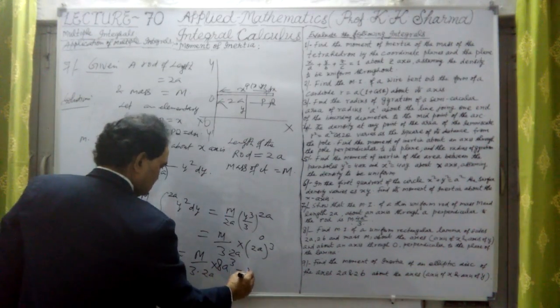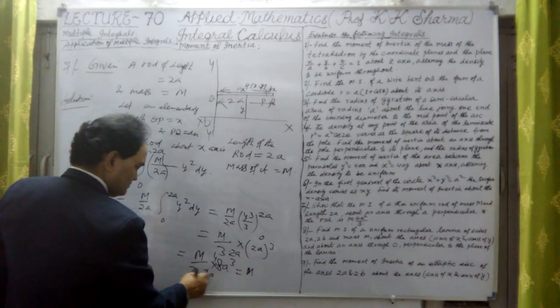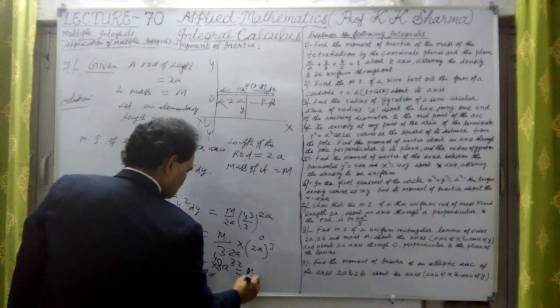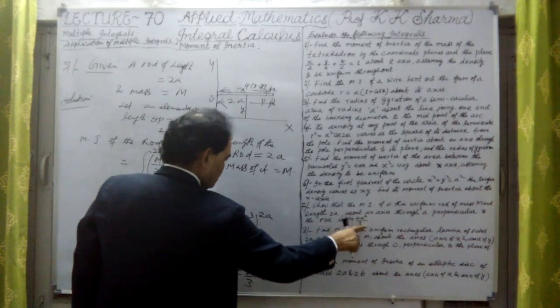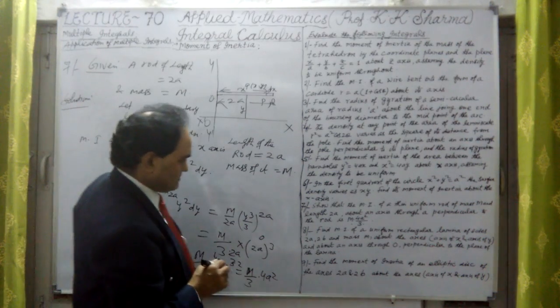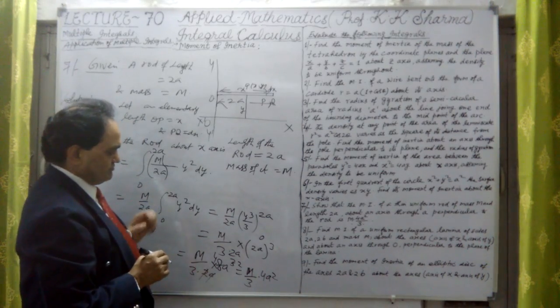It will give us m into this 2 portions a square. This is m upon 3 into 4a square, so this is m into 4a square upon 3. This is about the x-axis, one of the axes.